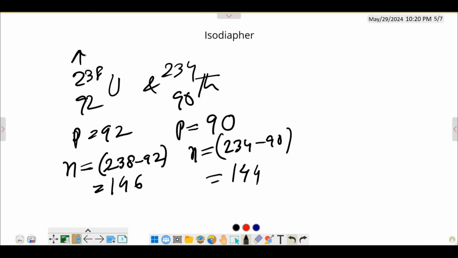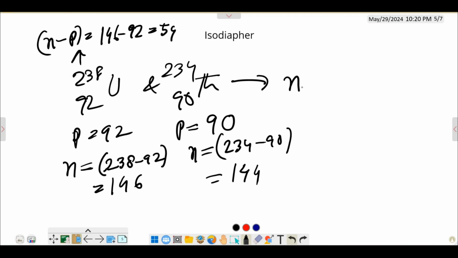Now, if you calculate the difference between the number of neutrons and protons in these two cases, in uranium the difference, neutron minus proton, is 146 minus 92, which is 54. In thorium the difference is 144 minus 90, which is again 54.